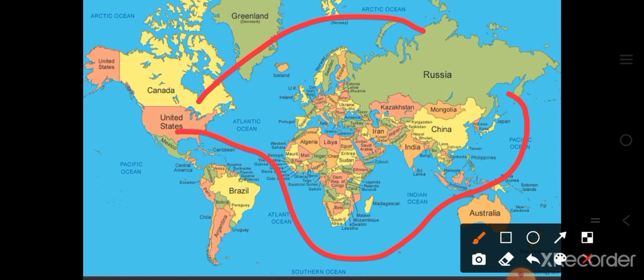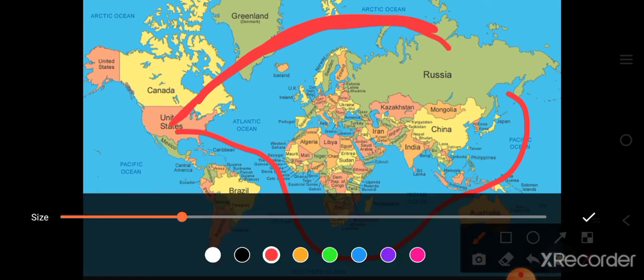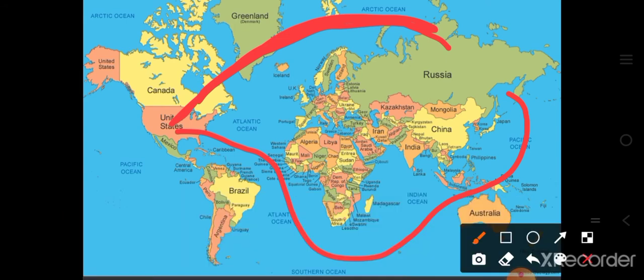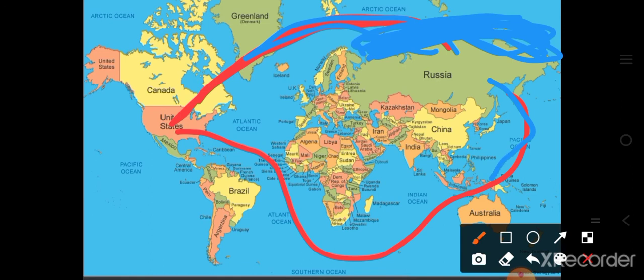Obviously this one was the longer route, so everyone would prefer to fight via the shorter route, US and Russia both. But this area at that time was wholly covered with snow. So Russia wasn't able to fight the US from this area, and it had to prefer the other route, which was the longer one.